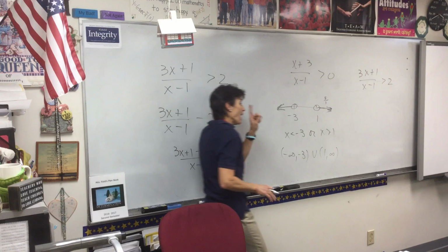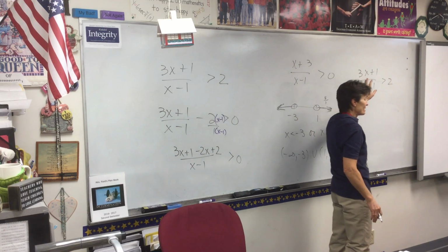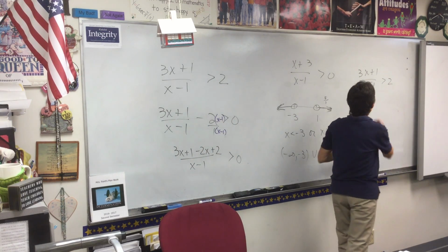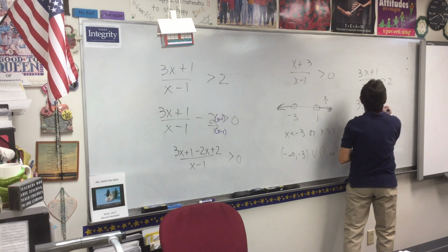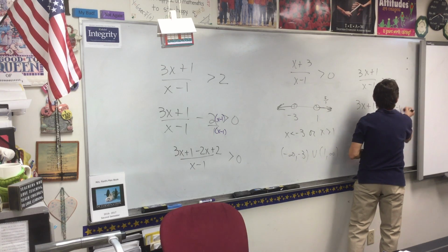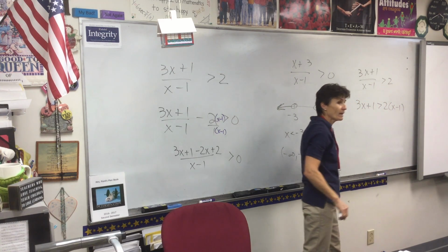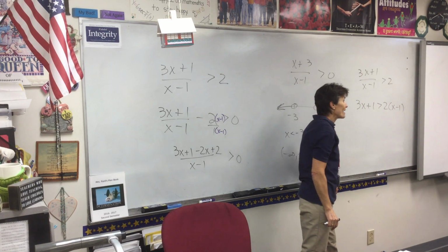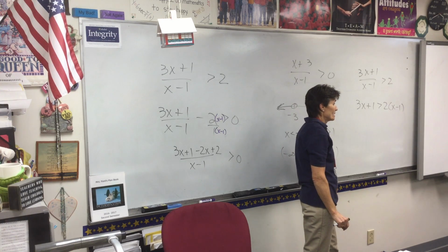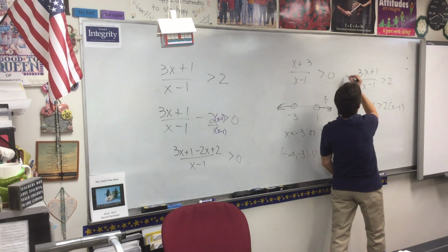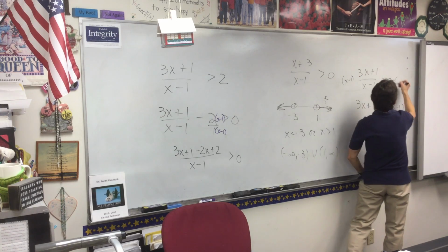Okay. Did anybody look at this problem and say, well, Mrs. Ford, it would be a whole lot easier if we just did this? Did anybody think about doing that? Okay. Let me explain to you why that's not possible. What you want to do is multiply both sides by x minus 1.